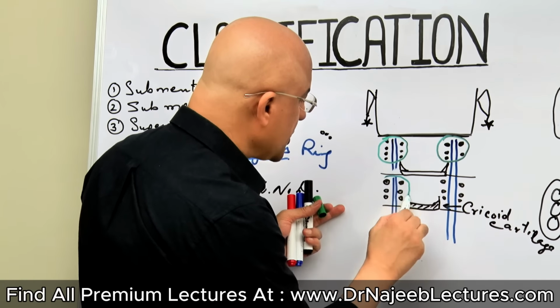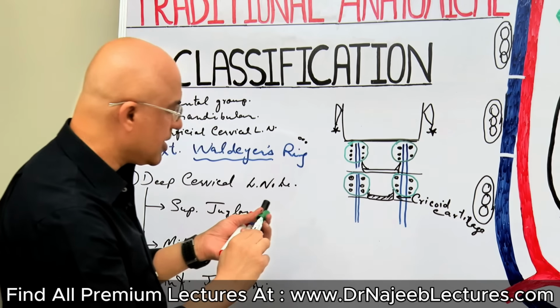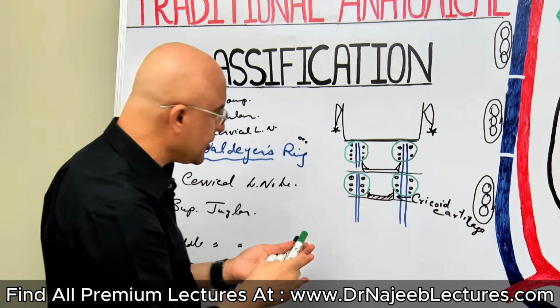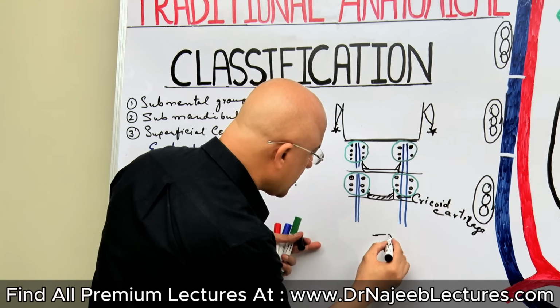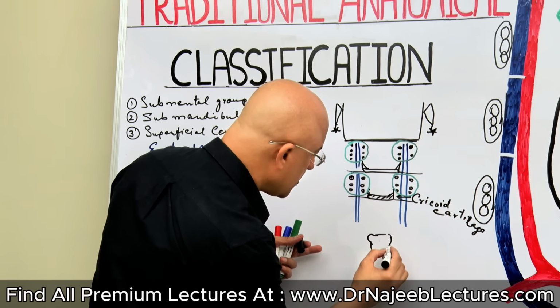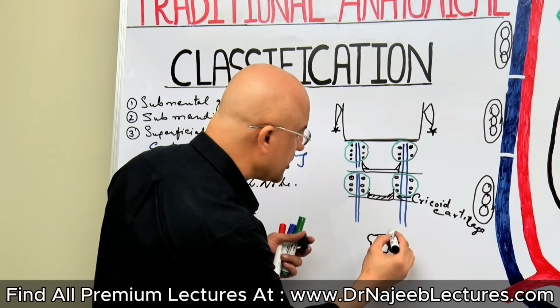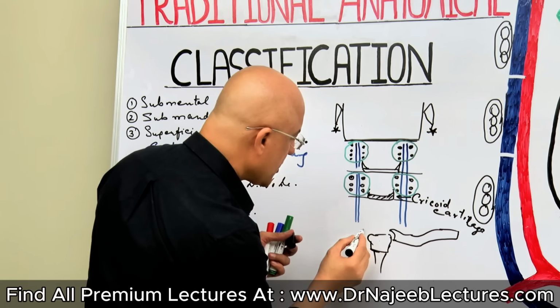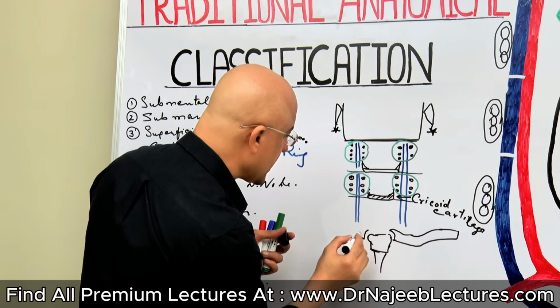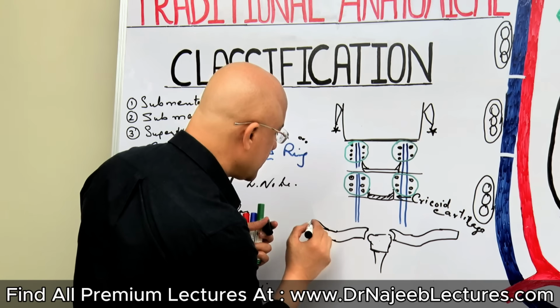Then now I will position the inferior jugular lymph nodes. Here is your manubrium and sternum, and you have a beautiful clavicle also, a beautiful collarbone. I'm not that good in diagram, but still you can imagine there is a collarbone there, right?